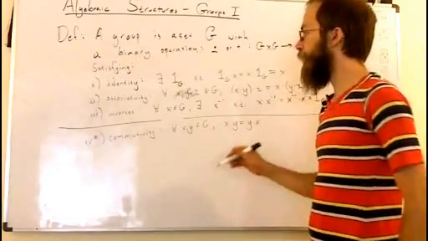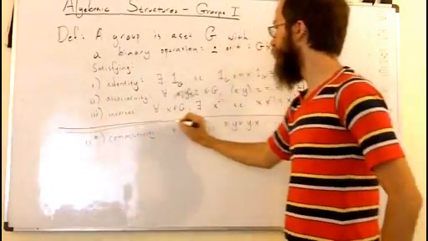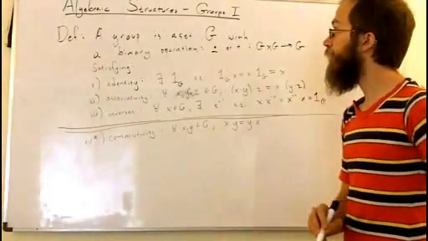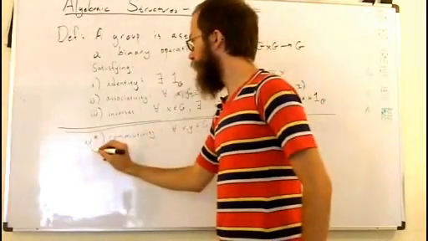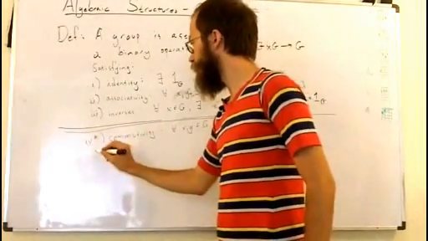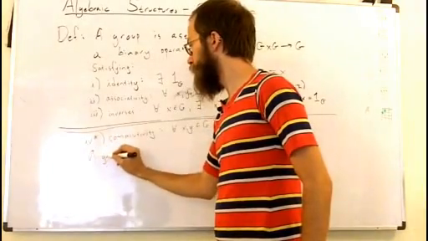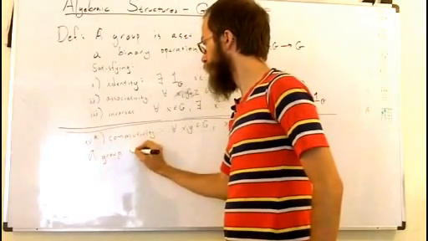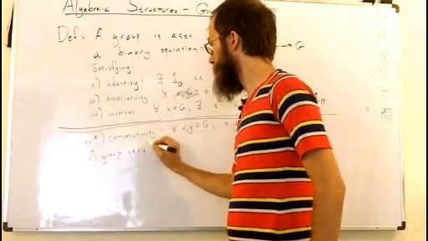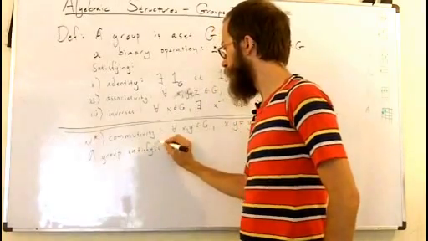Now, I want to be really careful here and draw a second line, because if our group satisfies 4, then we call it a commutative group. So a group satisfying 4.